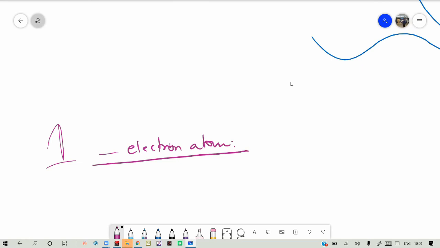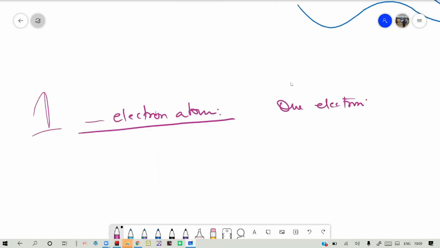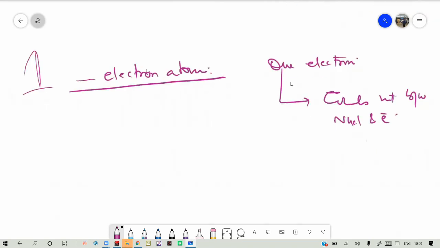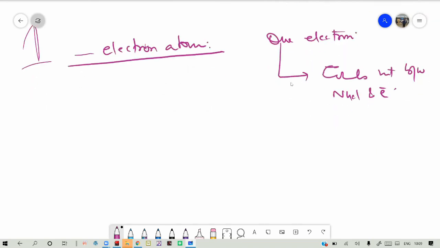That means we have only one electron which will be responsible for any physical phenomena or physical property of a given atom. And there is only one interaction, that is the Coulomb interaction between nucleus and electron. That is one part. But what about if we have more than one electron?